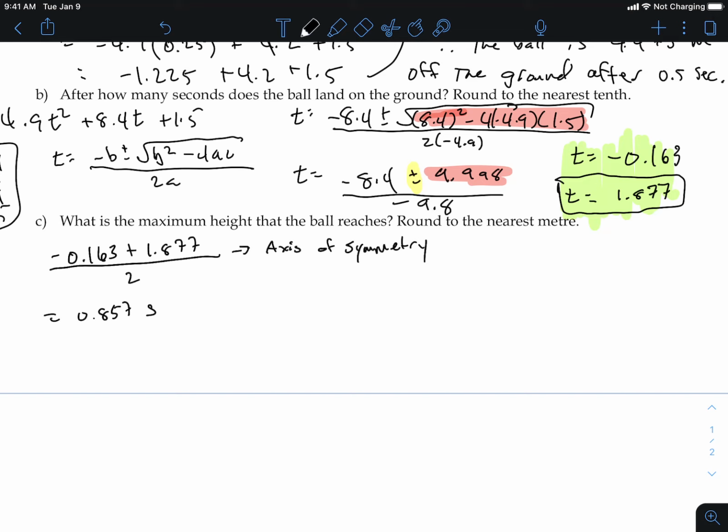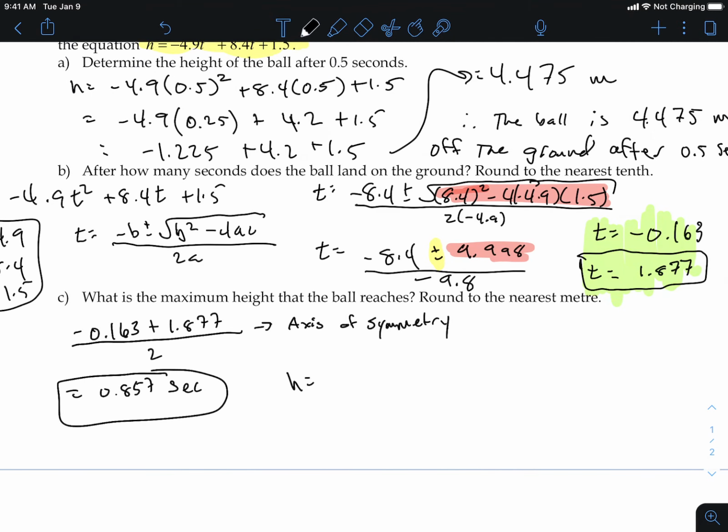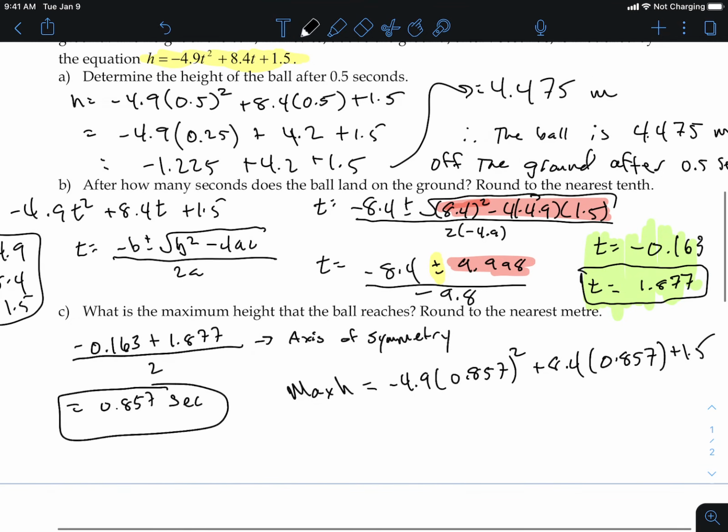You just put it back into the equation. So just plug it into the equation, like what you did in part A. We'll label this one specifically: max height equals negative 4.9 times 0.857 squared plus 8.4 times 0.857 plus 1.5.